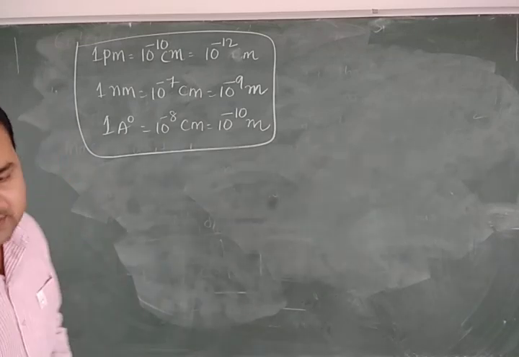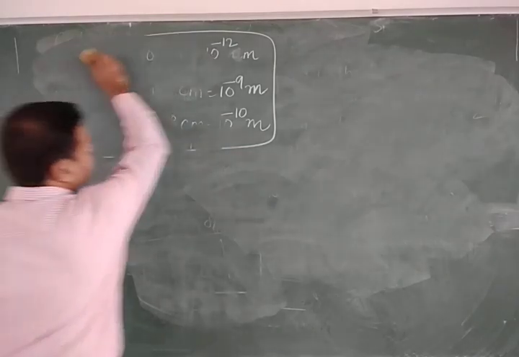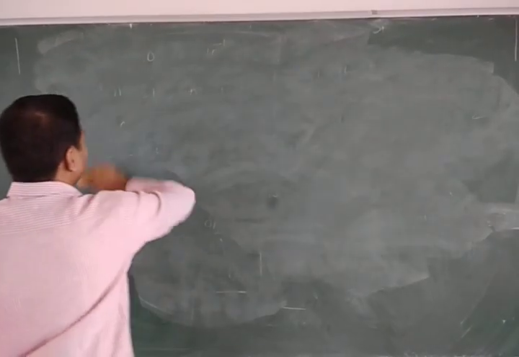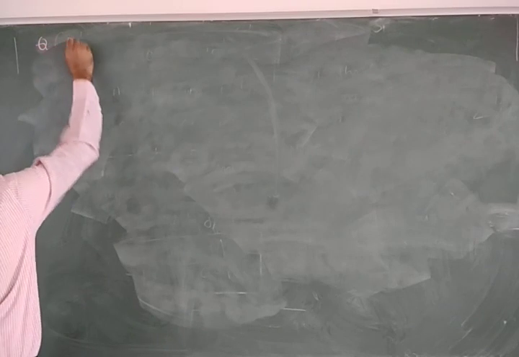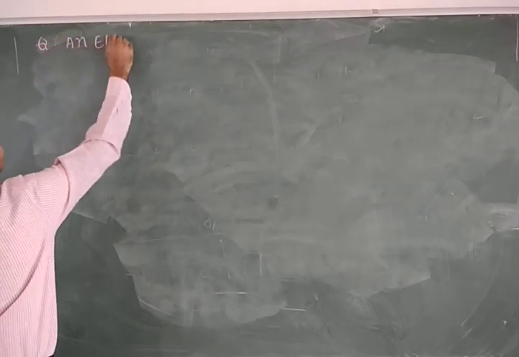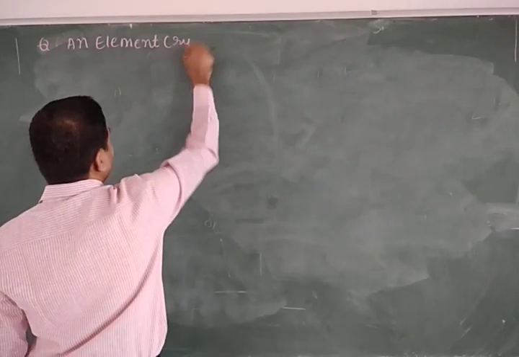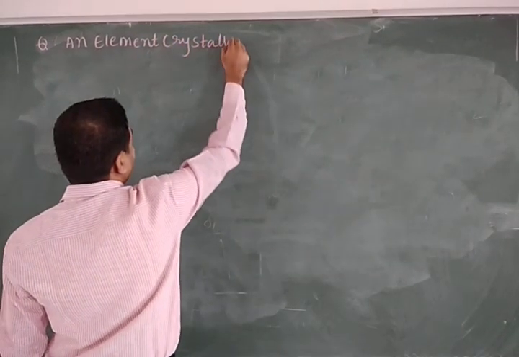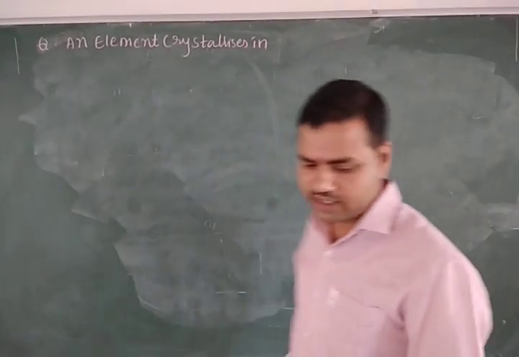So now we will discuss some numerical. Write one question. Later on we will see how we can solve this one. So the question is given as: an element crystallizes in FCC.